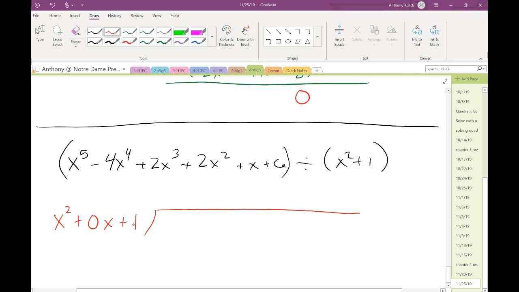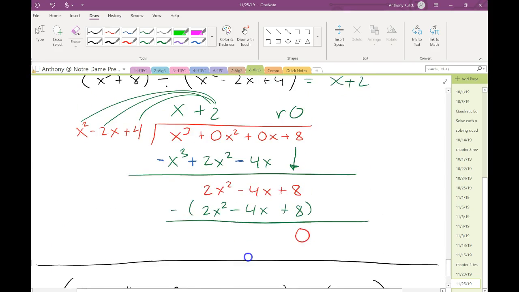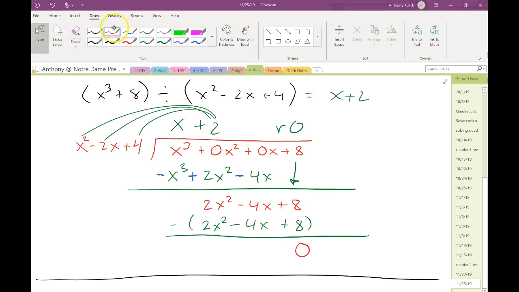I do that so when I do my multiplications, I make sure everything lines up with like terms. So if we go back to this previous problem, if I didn't include the zeros there, I'd have plus 8 here, and I'd be tempted to try to subtract or combine 8 and 2x squared, which are not like terms, right?